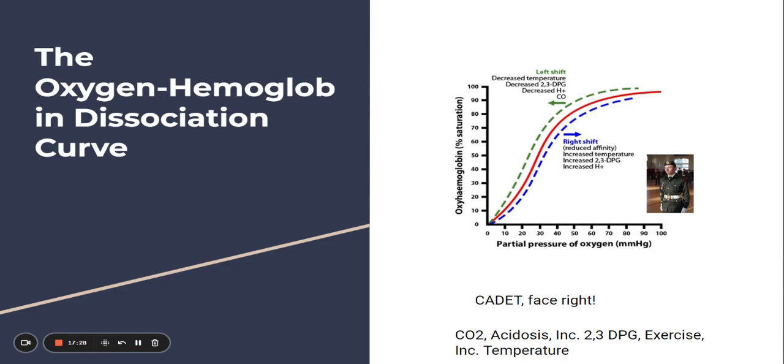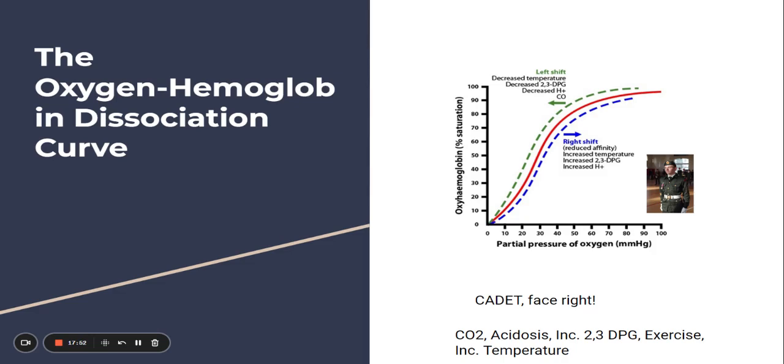All of these, 1, 2, 3, 4, 5, so these 5 events, any increases will cause a right shift. So increase in CO2, increase in acidosis, increase in 2,3-DPG, which is simply a molecule that helps oxygen bind to hemoglobin. We have exercise, and we have increased temperature.